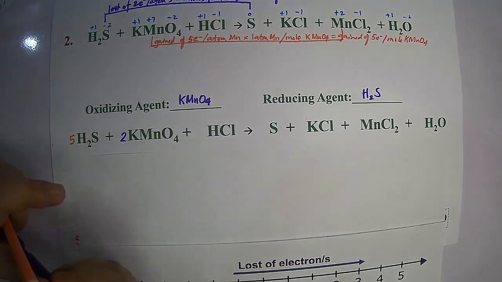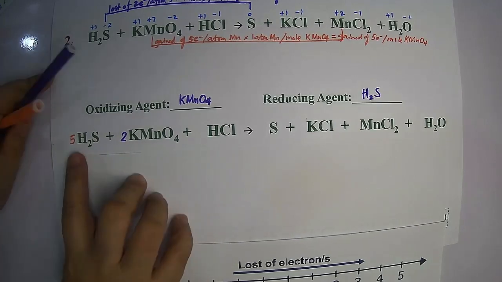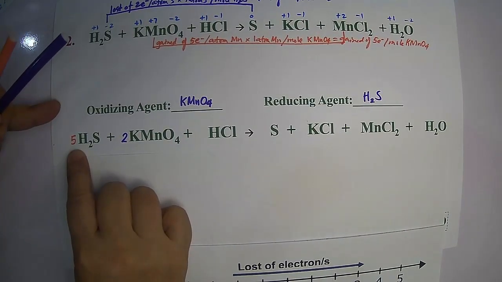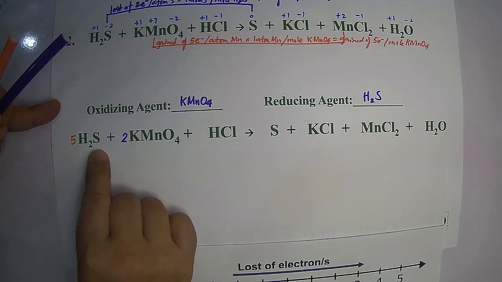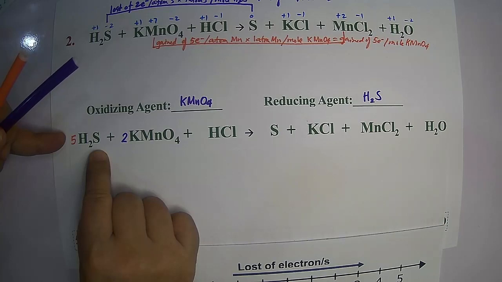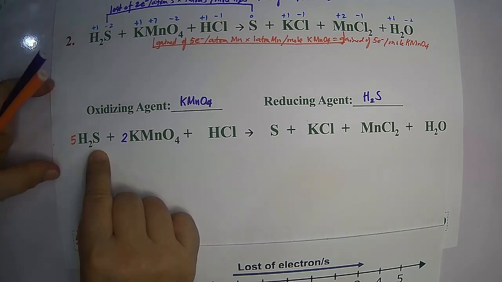After cross multiplying, you have 5 atoms of sulfur. Each atom will lose 2 electrons, so there is a total of 10 electrons lost by sulfur.